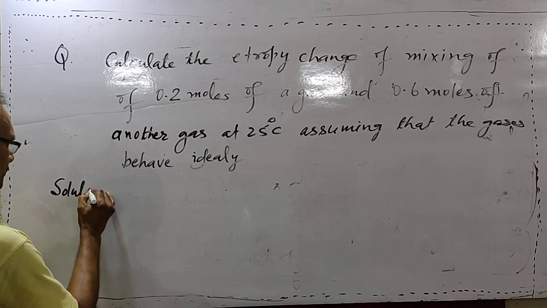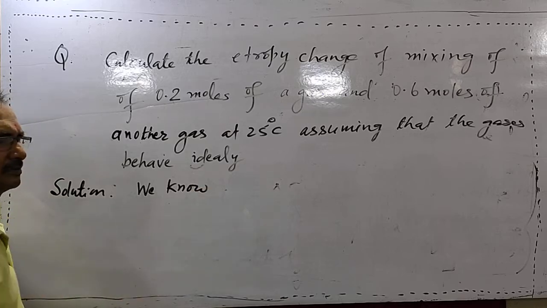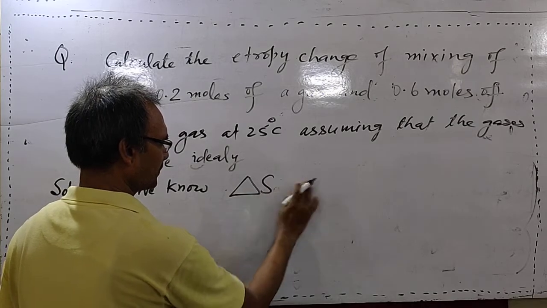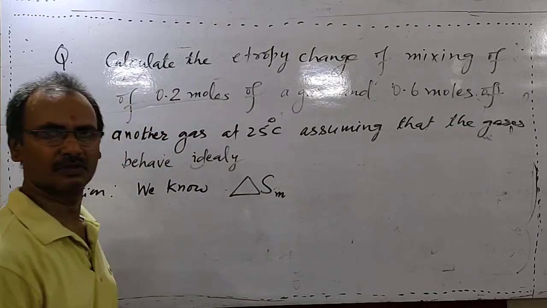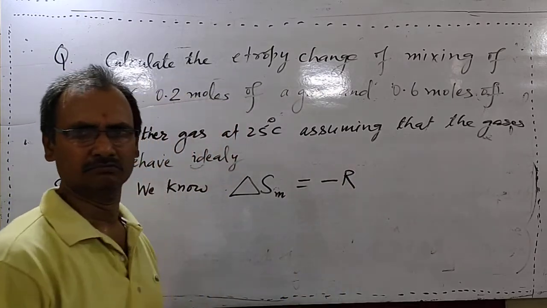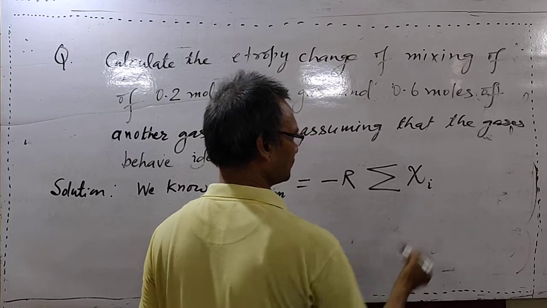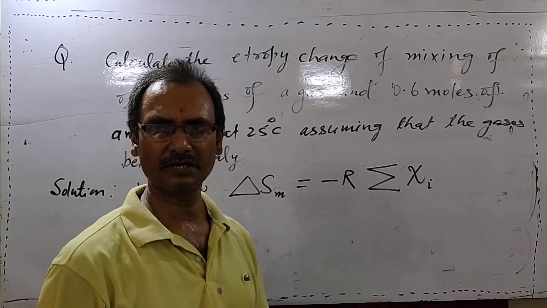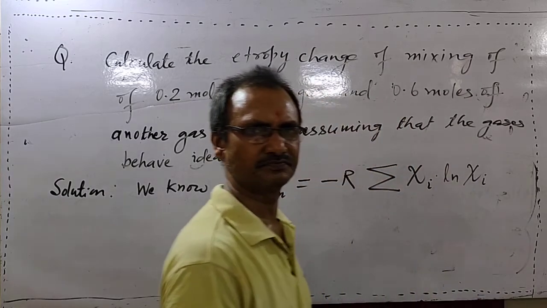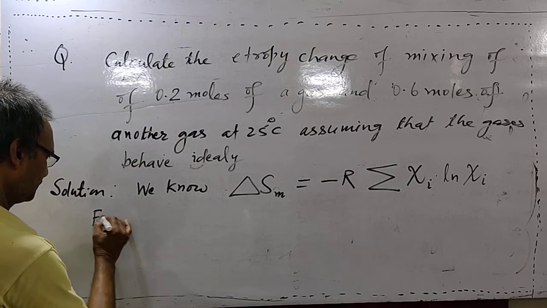Now solve this question. The solution: at first write the entropy change for mixing formula. Change in entropy of mixing is minus R summation chi_I ln chi_I, for I components.